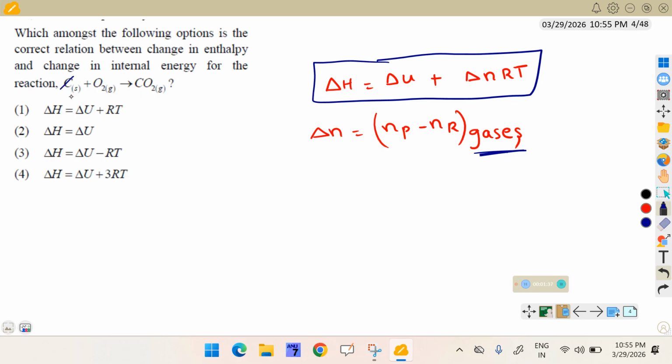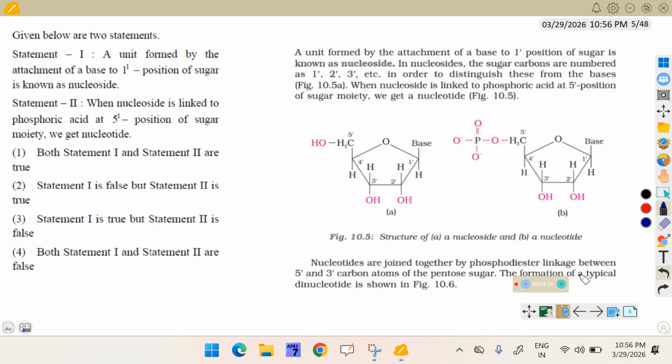Here one of the reactants is in solid form, that's the reason you can neglect that. Of the remaining, the number of moles of products is 1 and the number of moles of reactants is also 1. 1 minus 1 is equal to 0. Delta n value is 0, so the value of delta H is equal to delta U. Second option is the correct option.